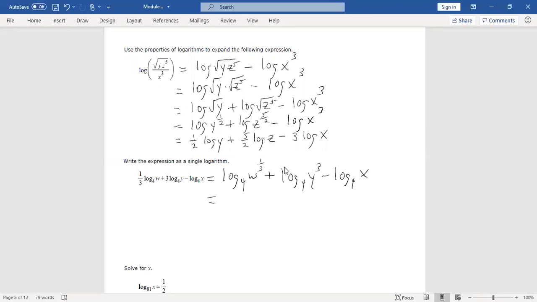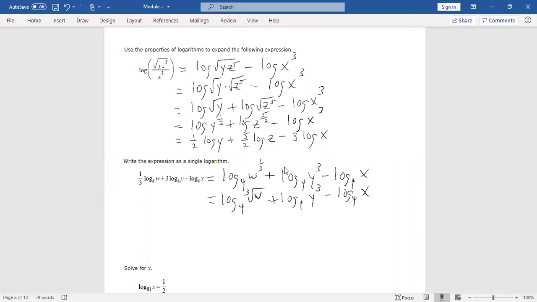That means it's a radical. So this is going to change to log base 4 of the cube root, because our denominator is 3, of w plus log base 4 of y cubed minus log base 4 of x.